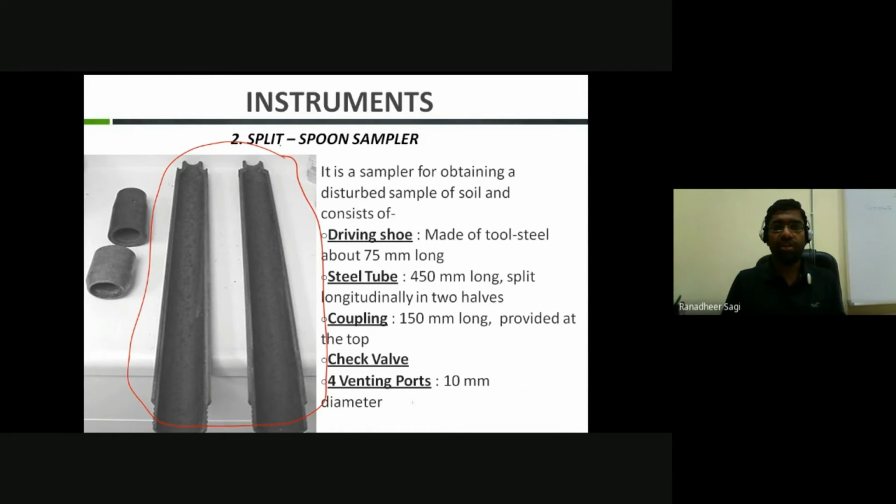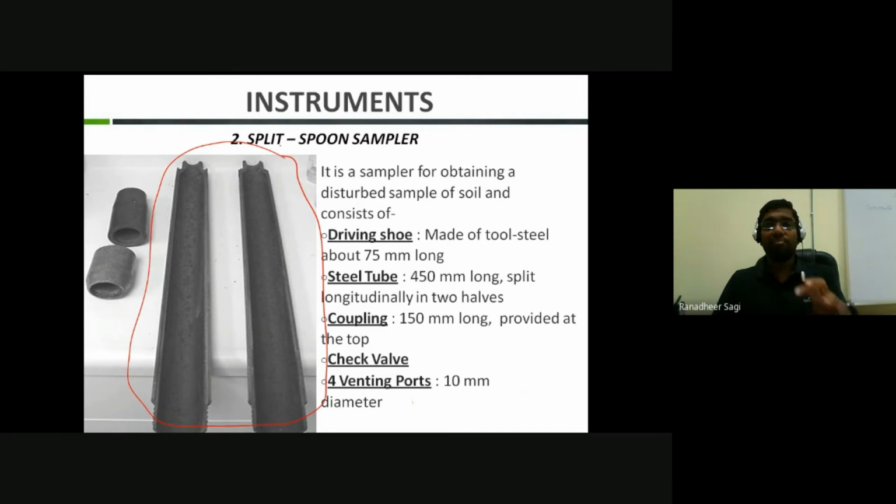Then we take this sampling tube out of the ground, and we remove the soil which is collected in it. Mostly, the soil collected in the sampling tube will be in a disturbed state only. Why do we say it is in a disturbed state? Because the area ratio of the split spoon sampler tube used in our SPT test is greater than 10%.